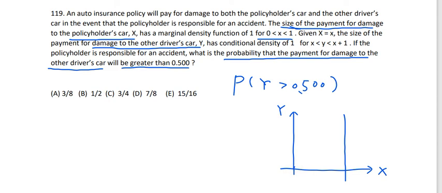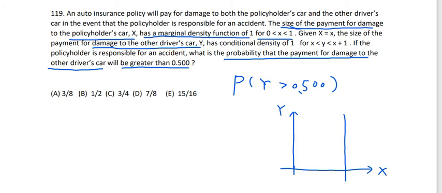We know the marginal density function is 1. We know the marginal density function and want to find the joint density function.